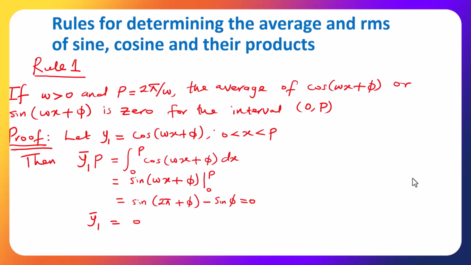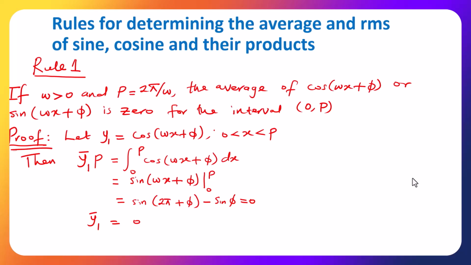If we integrate cos of omega x plus phi, then we have sine of omega x plus phi, and introducing the interval from 0 to p, we eventually have the expression sine of 2 pi plus phi minus sine of phi, and this gives us 0.